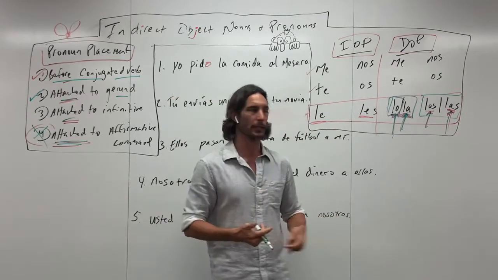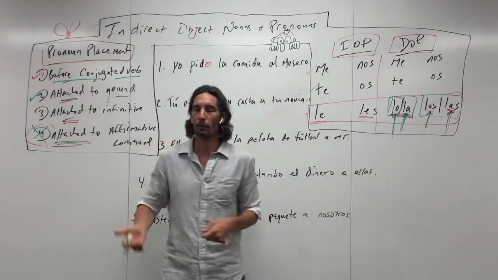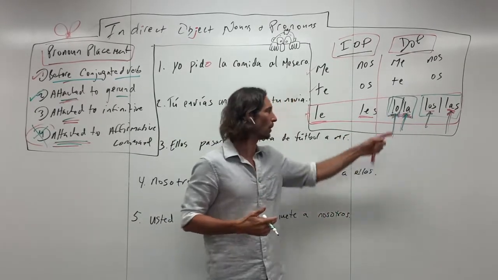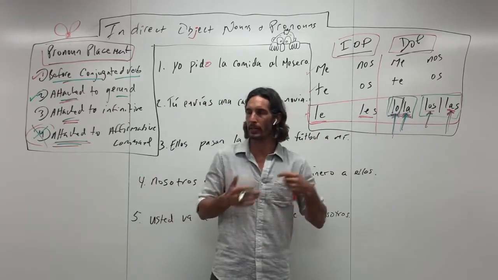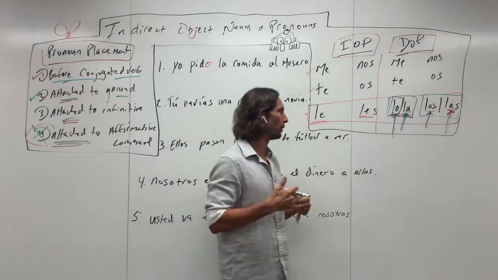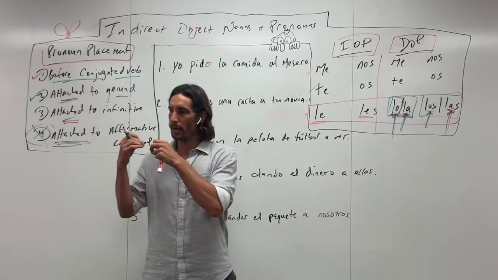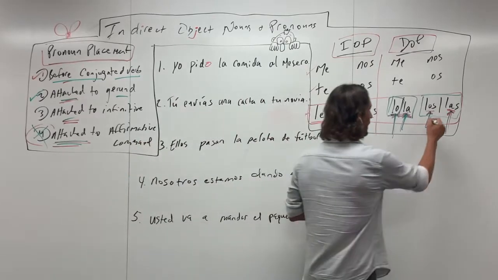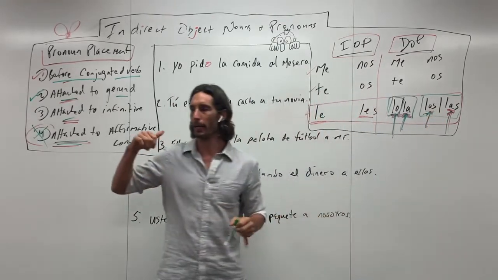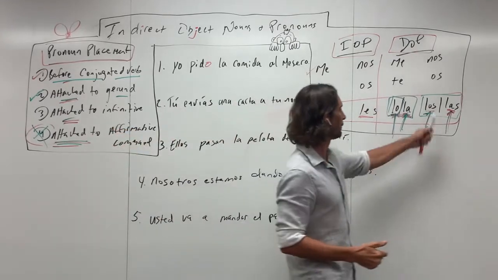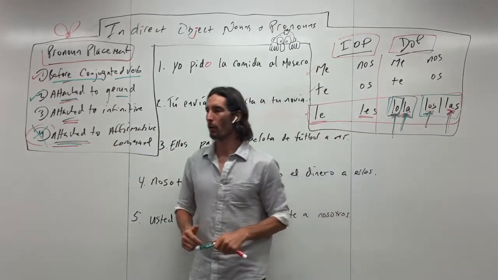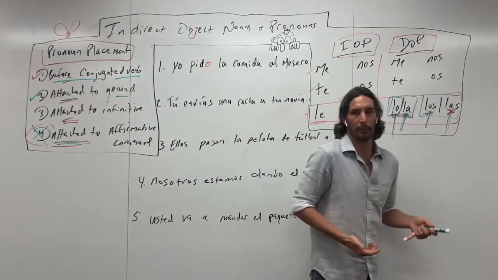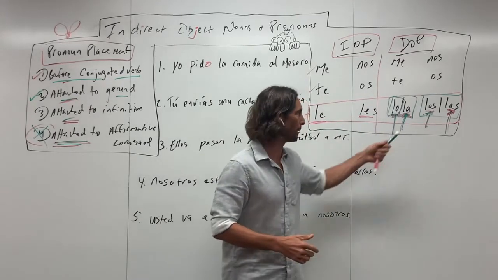So la mochila, for example, this would be el libro, or it could be ella, or Sonia, or it could be Luis. So it doesn't have to just be a book bag or a book or something. It could be a person, but it would be a single masculine or single feminine individual. And then over here for the plural, it's got to be plural masculine for los, and then plural feminine for las. So that could be like las mochilas or los libros. So plural masculine, plural feminine.